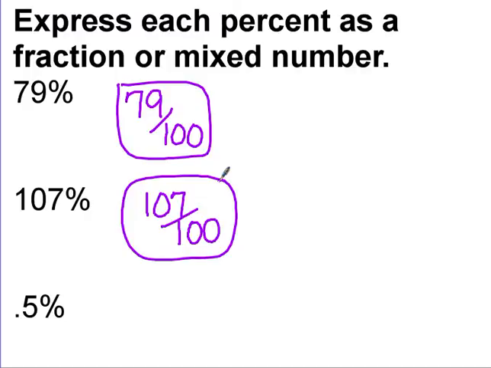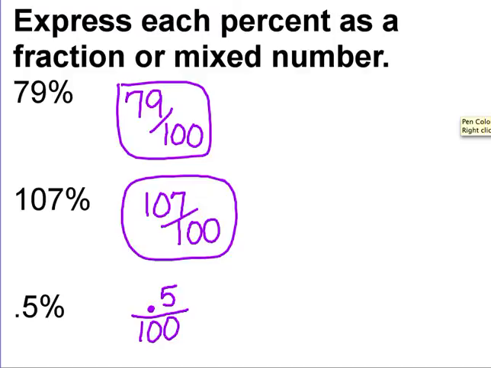What about this 0.5%? How do I write it as a fraction, first of all? 0.5 over 100. Now we have a little work to do. We've got a decimal and a fraction here, and that's taboo.